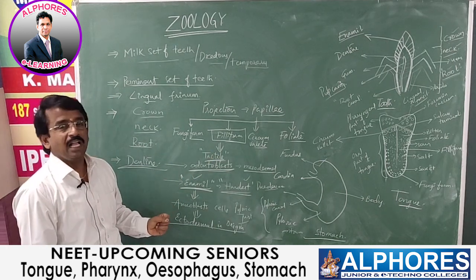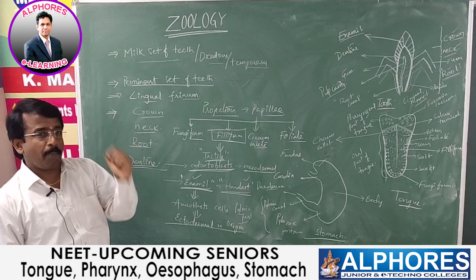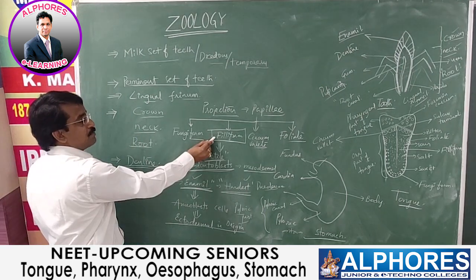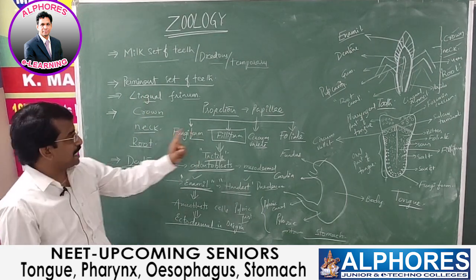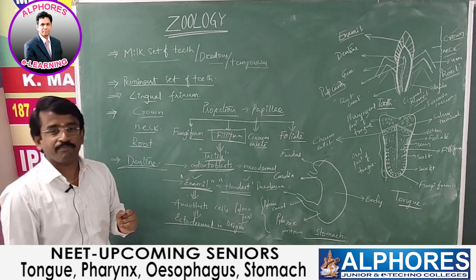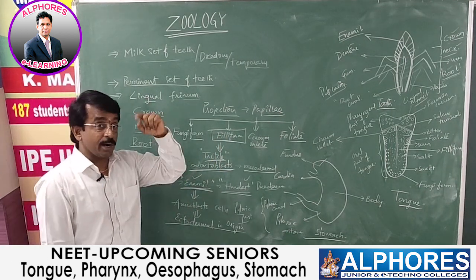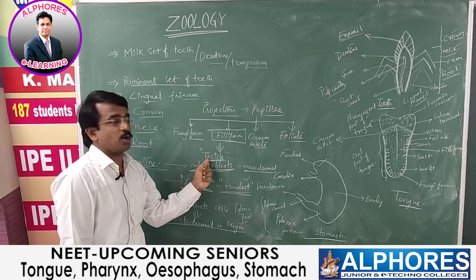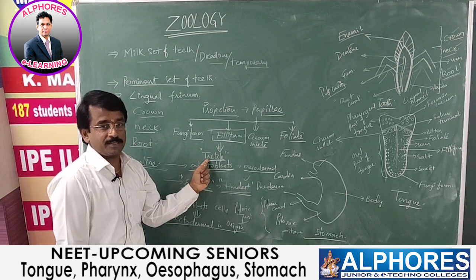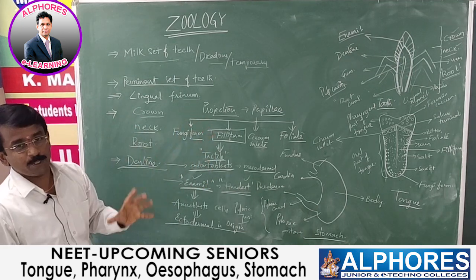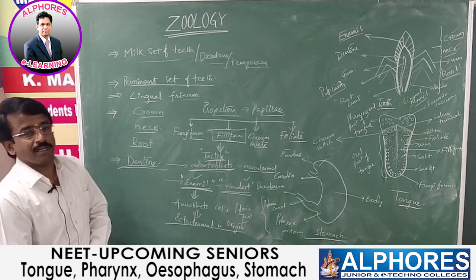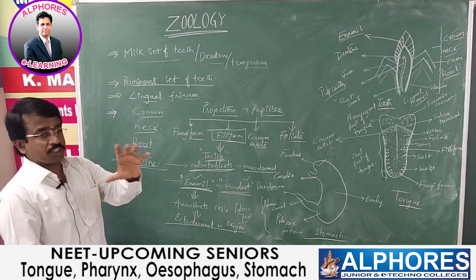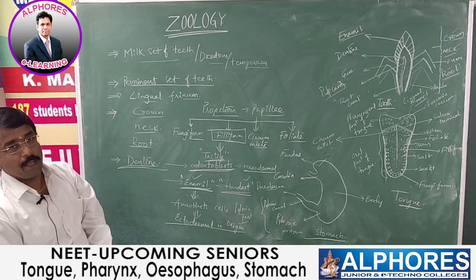The only papillae that are devoid of taste buds, if a question is asked, are none other than the filiform. They are devoid of taste buds and contain tactile receptors, touch receptors. This is how we see the tongue with the finger-like projections named the papillae.